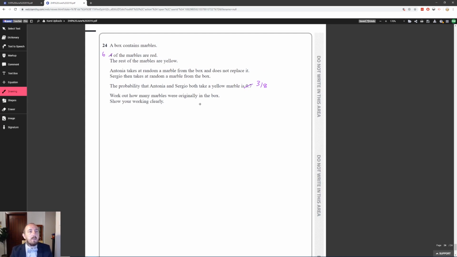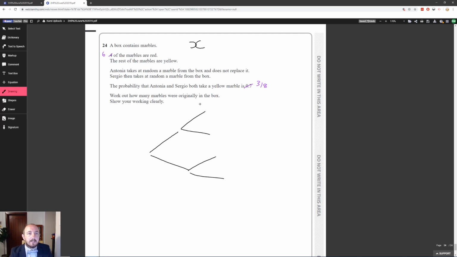A box contains marbles, 6 are red, the rest are yellow. Take a marble from the box and do not replace it. Then Sergio takes one. The probability that they both take a yellow marble is 3/8. So let's just draw a probability tree and see if we can understand what's going on here. 6 of the marbles are red, the rest are yellow.